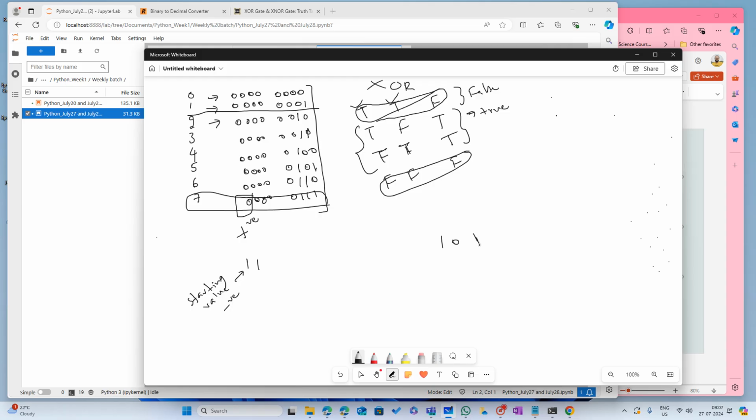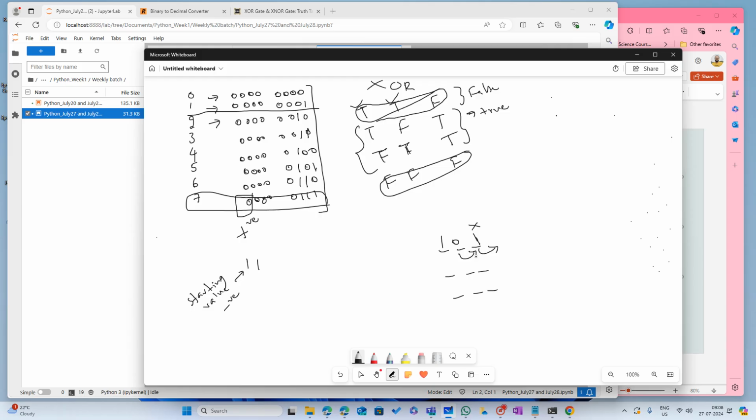Right shift means, see, you have three different places here. This one is being moved to the right side. Because there is no right side to move to, it is deleted. Hence 1 is gone.